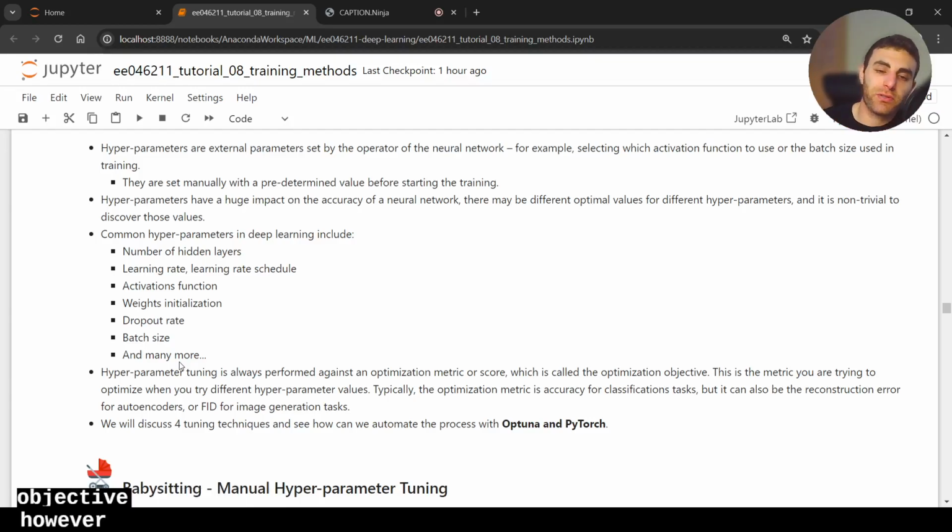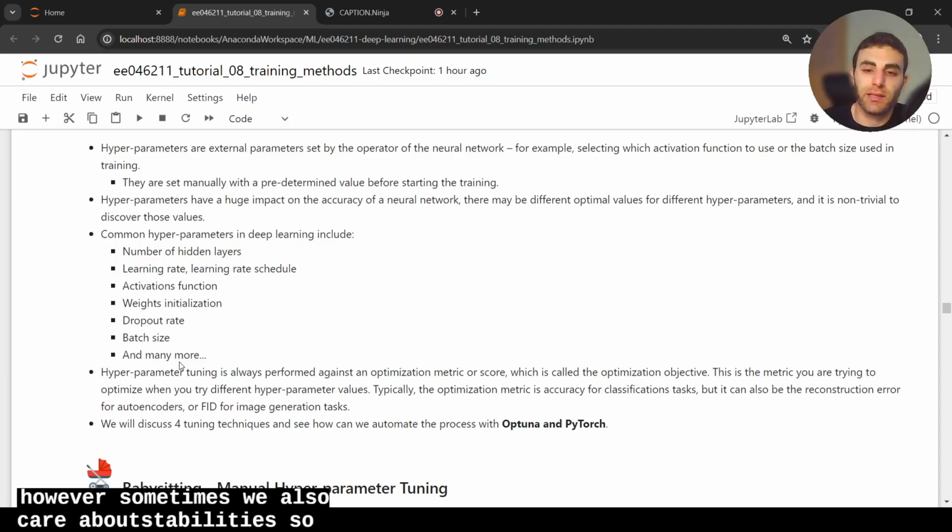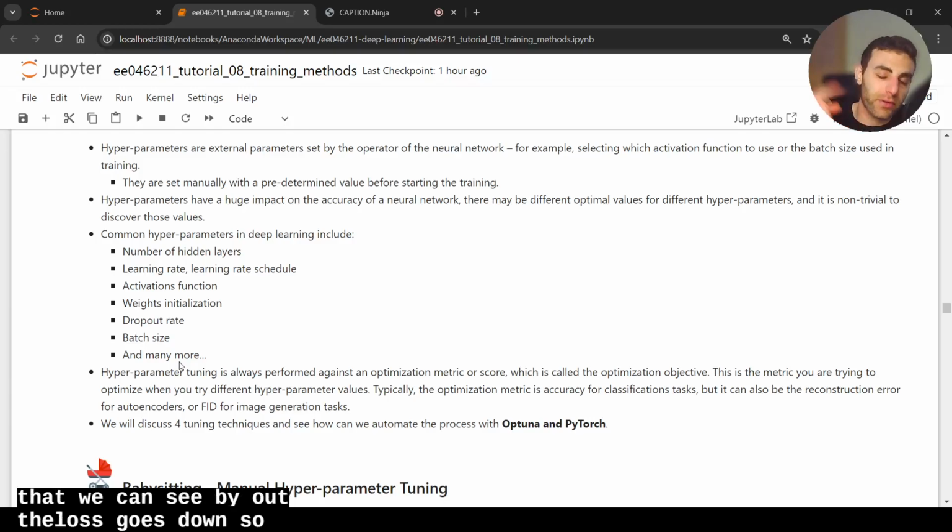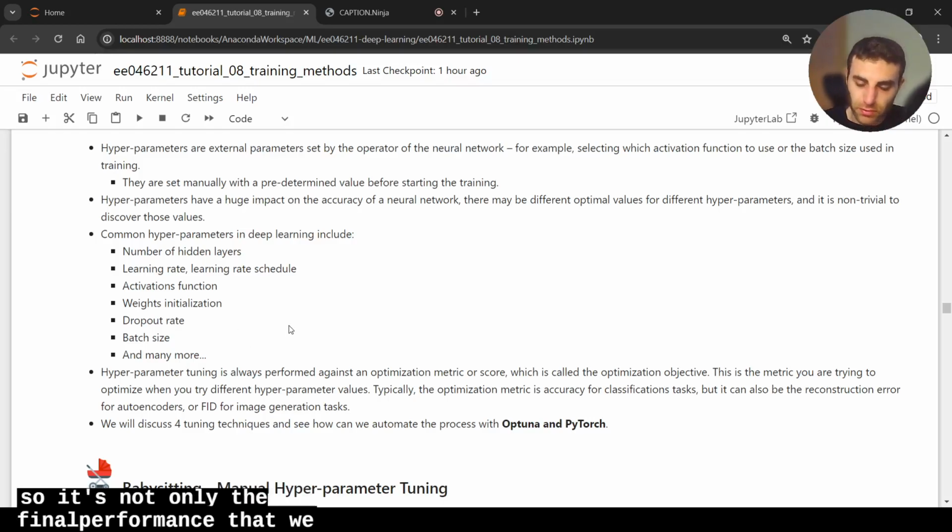However, sometimes we also care about stability. Stability is something that we can see by how the loss goes down. If it's very noisy and does not go down smoothly, then maybe we picked some wrong hyperparameters. For example, the learning rate is too high. So it's not only the final performance that we care about, so keep that in mind.